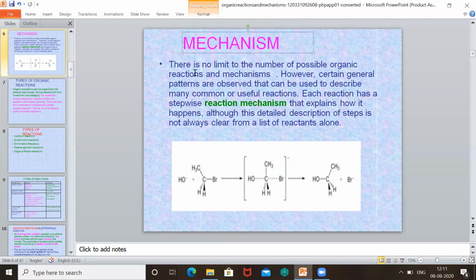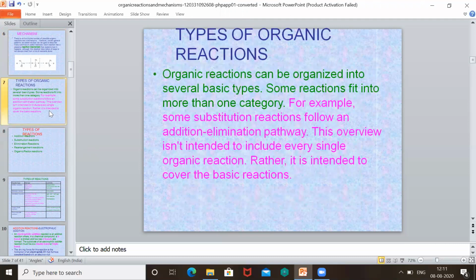There is no limit to the number of possible organic reactions and mechanisms. Some reactions have a three-step mechanism, some have a multi-step mechanism, and there are so many types of mechanisms. Organic reactions can be organized into several basic types: addition, elimination, substitution. Let us summarize them.